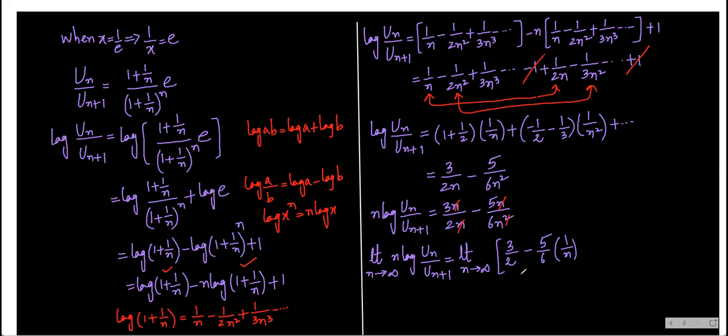If we apply the limit, I'm getting my answer is 3 by 2. 3 by 2 is greater than 1, right? Yes, sir. By logarithmic test, the series is convergent, because greater than 1.